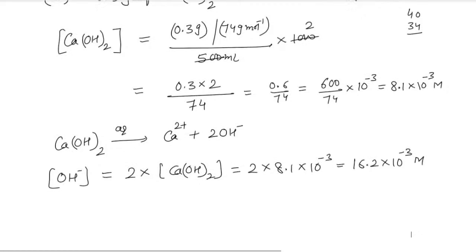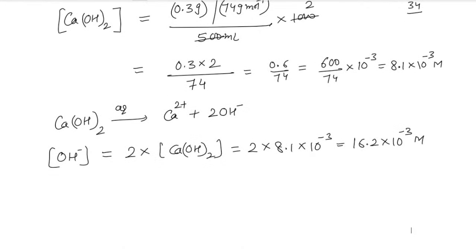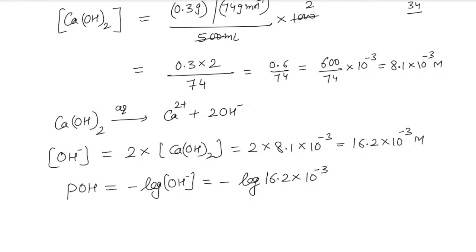So what is the OH negative ion concentration now? Sorry, POH. POH is minus log of OH negative ion concentration. So that is minus log of 16.2 into 10 raised to power minus 3. Again same funda, minus log of 16.2 minus log of 10 raised to power minus 3.